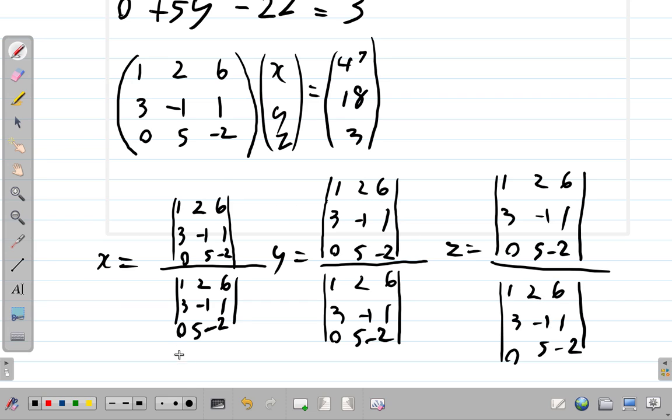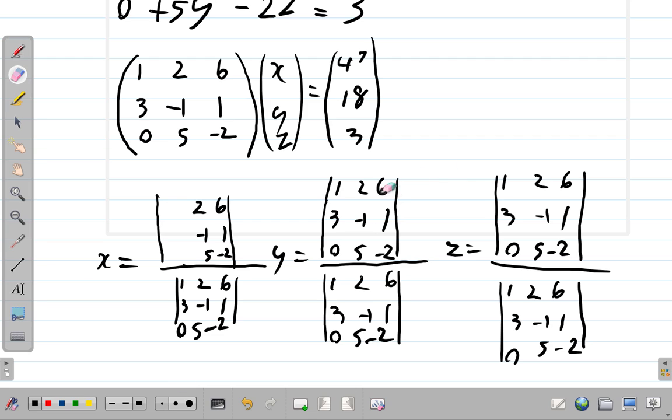Now, we're going to have to make a modification. In the determinant in the numerator, to find x, we must replace the first column, column 1, with the elements in the answer.